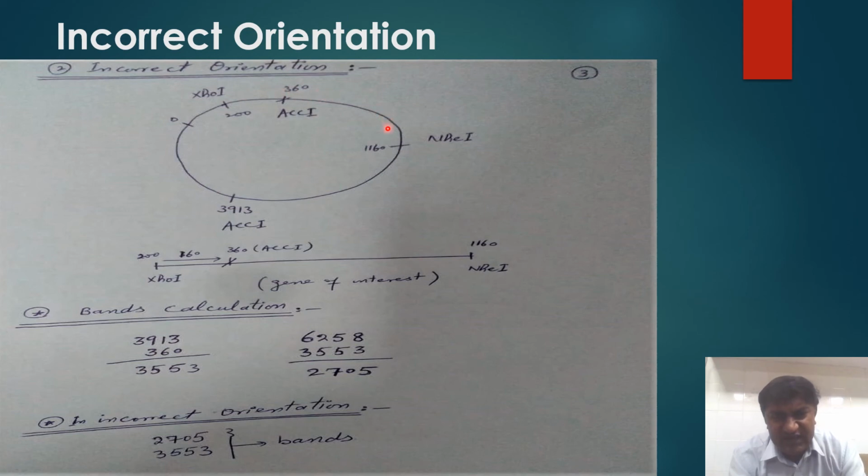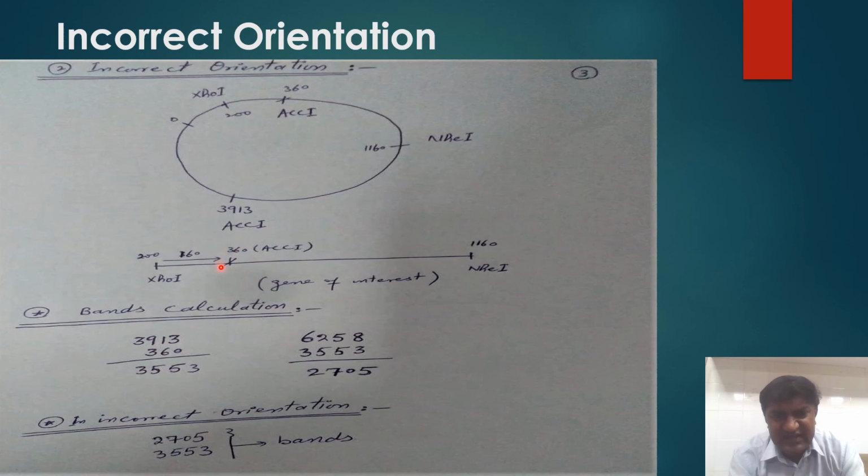In case of the incorrect orientation, you should think that this value 160 was on another side, this side, so it will move to the other side. This 200 plus 160 comes to 360. This is the cutting site in case of the incorrect orientation.